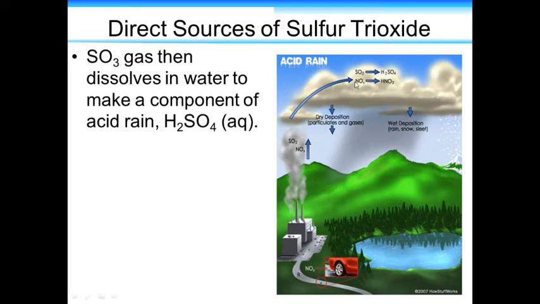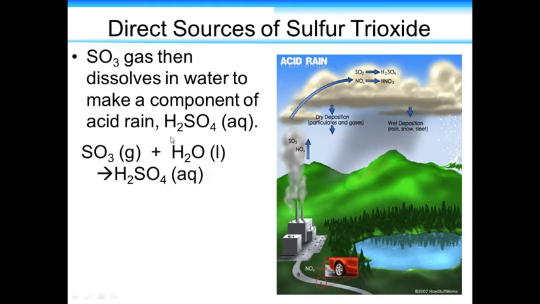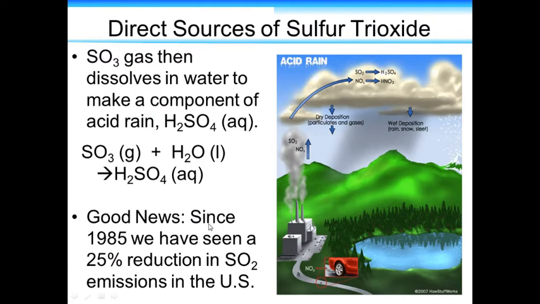And a bit later on, I'll talk about nitric acid forming as well. So from cars and from smokestacks, these sulfur-containing and nitrogen-containing molecules then form acid in the atmosphere, and that can then rain down upon the earth.